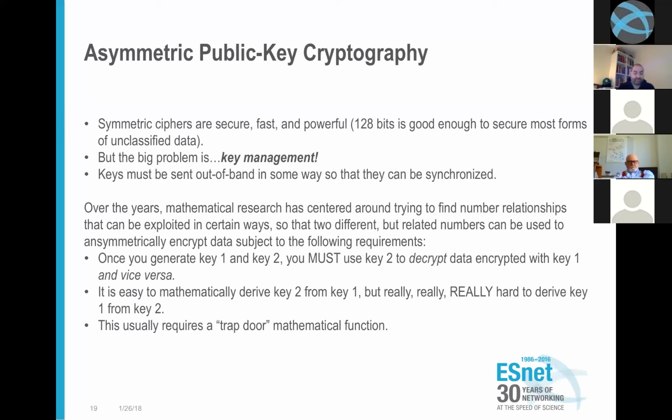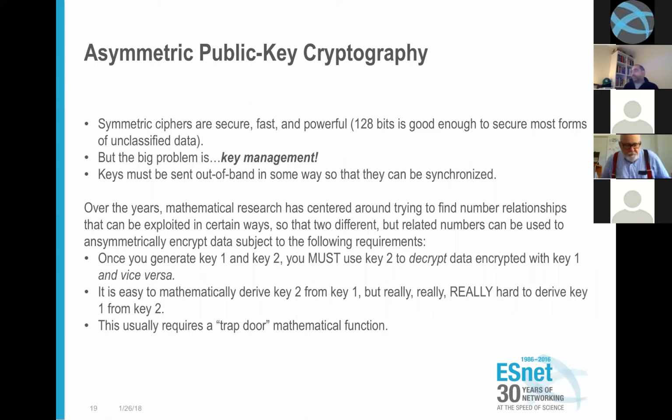And public key cryptography revolves around trying to find mathematical functions which are really easy to do in one direction and really, really hard, not impossible, but really, really hard to do in the reverse direction. These are called trapdoor functions. In other words, it's easy to fall through a trapdoor, but it's hard to climb out of it. So these trapdoor functions are very commonly used for public key cryptography.